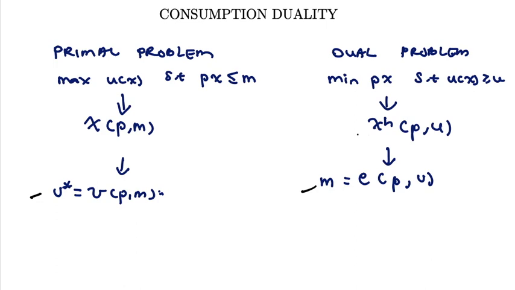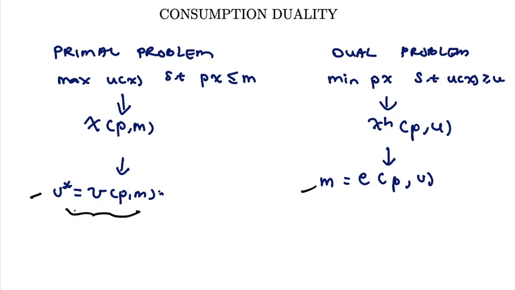All right, now, if we can work backward from the indirect utility function and also the expenditure function to get the Hicksian and Marshallian demand functions, what does it mean? In particular, look at the indirect utility function here. We want to work backward.